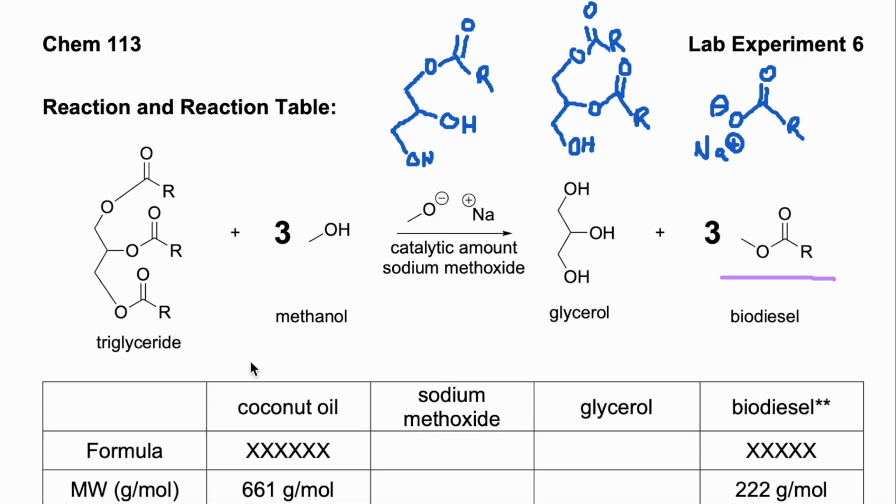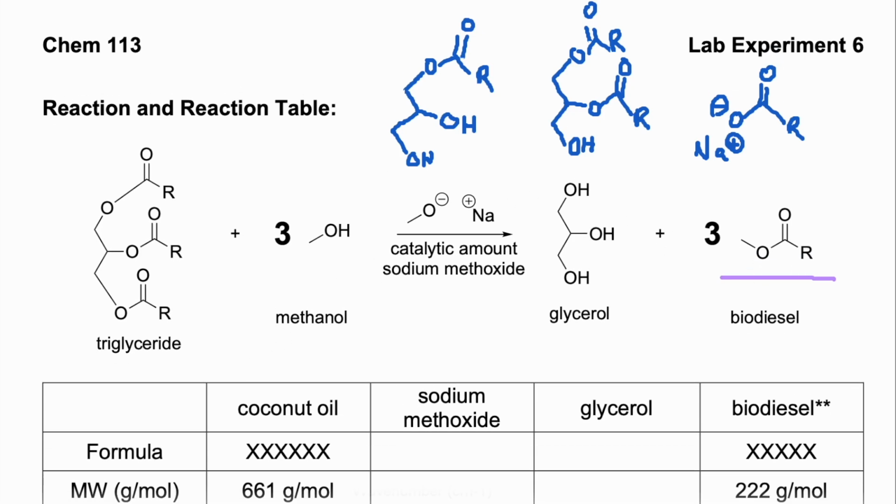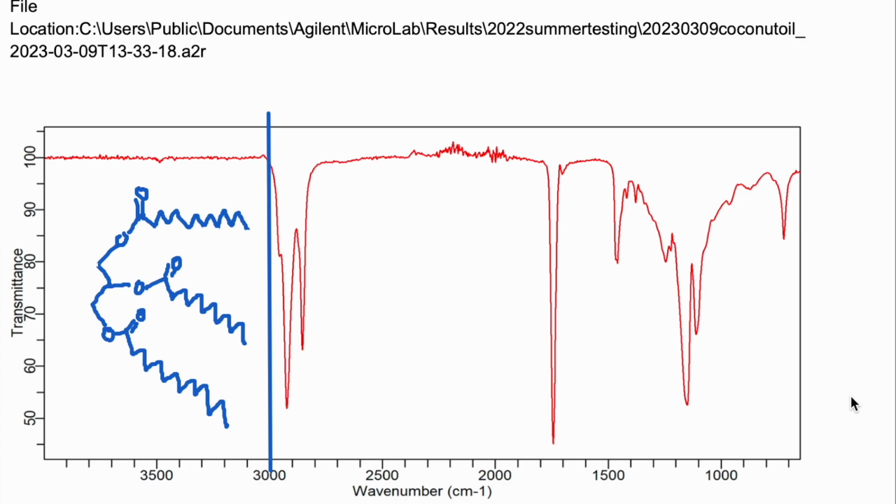So let's take a look at our IRs. So here is an IR of coconut oil itself. It has very similar functional groups to the biodiesel, so there's not much difference that you can tell. We still see an ester peak, a little bit above 1700, more like 1730 or 1740 wave numbers. Here is a drawing of coconut oil. It has an ester functional group just like biodiesel does.